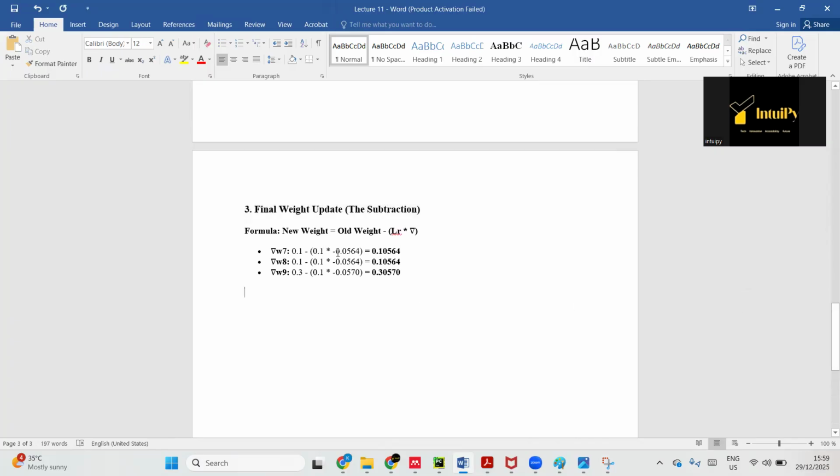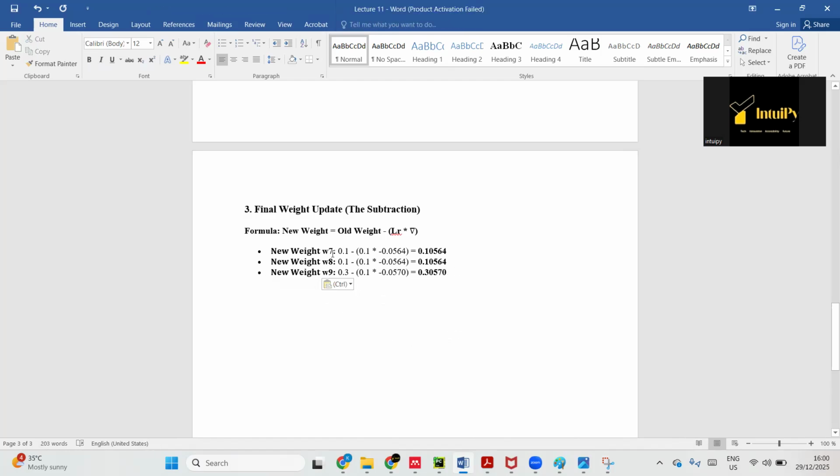Yeah, so our new weight, so new weight 4.7. This should be this one. New weight for this, and then new weight here.